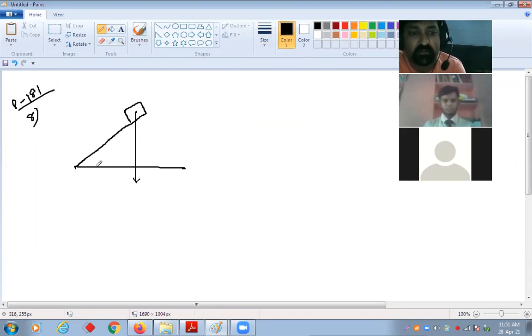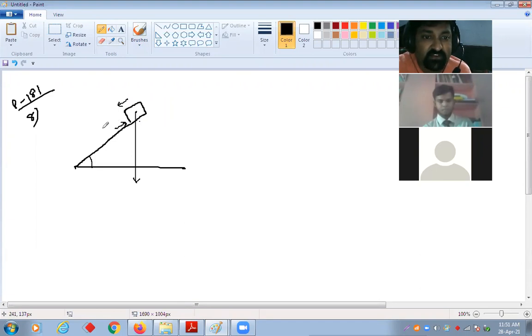This will be the weight of this. Sir, it says first we have to draw a diagram to show the forces acting on the box. The different forces: frictional force will act just opposite to it, as the box is sliding down the ramp.